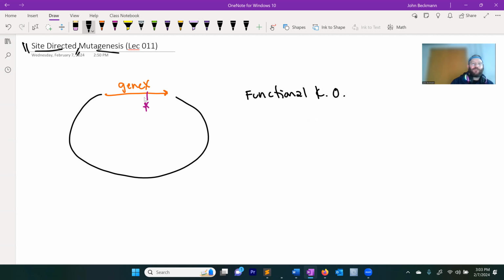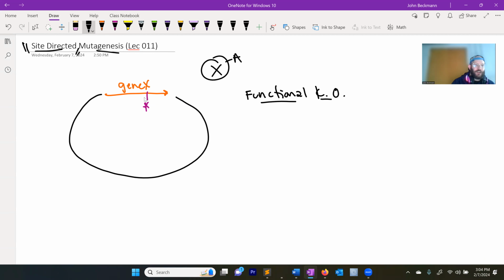A functional knockout would be, pretend that gene X encodes some enzyme X, and maybe enzyme X has a very key cysteine residue. This is just an example. The cysteine residue on this enzyme actually causes the activity of whatever enzyme X does. If you mutate that cysteine to a different amino acid, maybe alanine, which is essentially an amino acid that does nothing, that would produce a functional knockout.